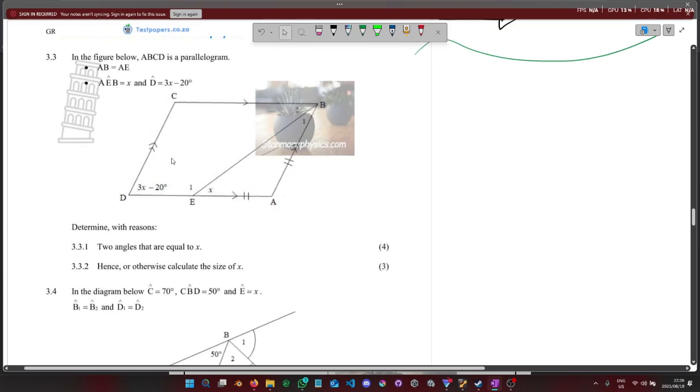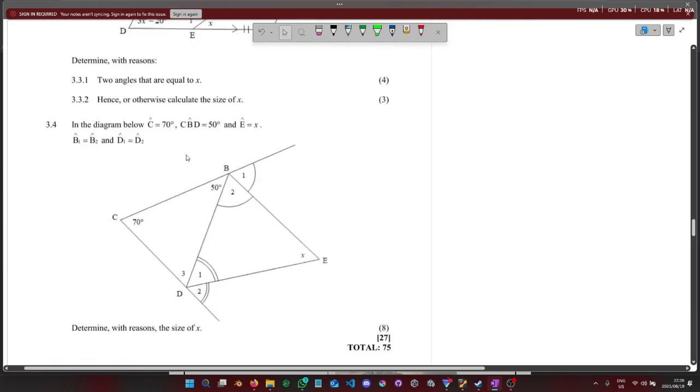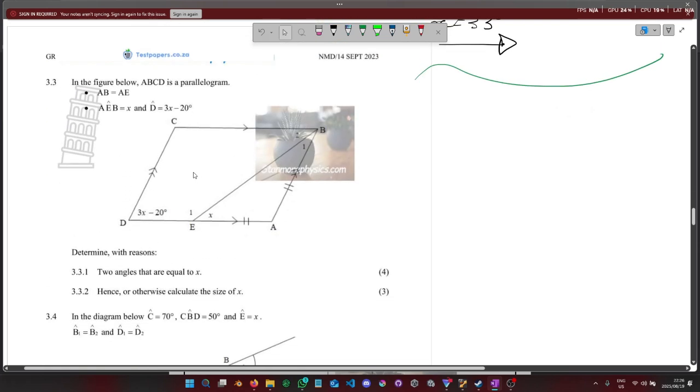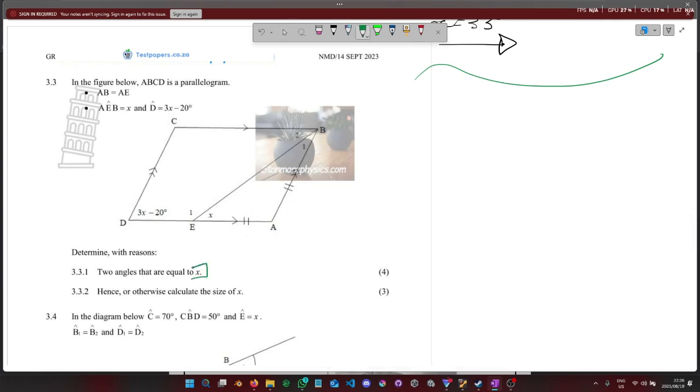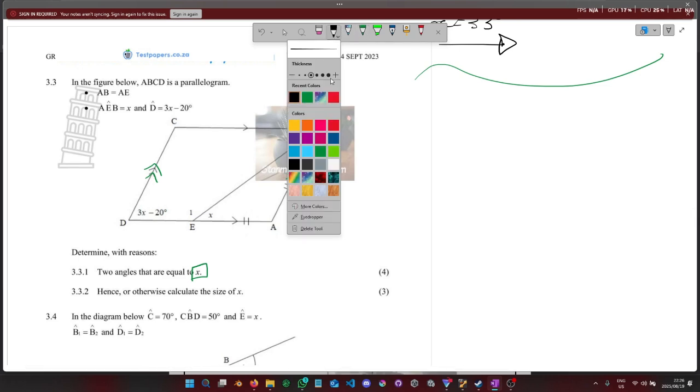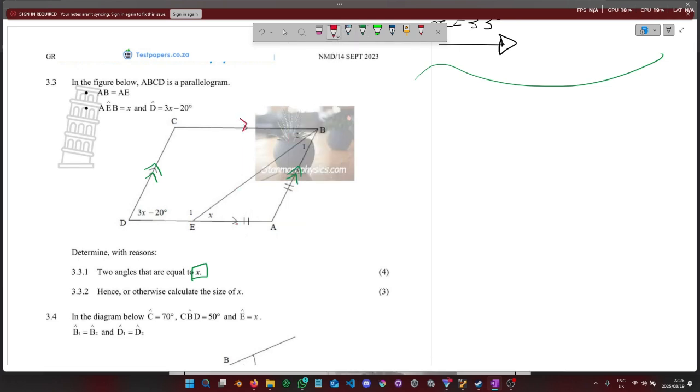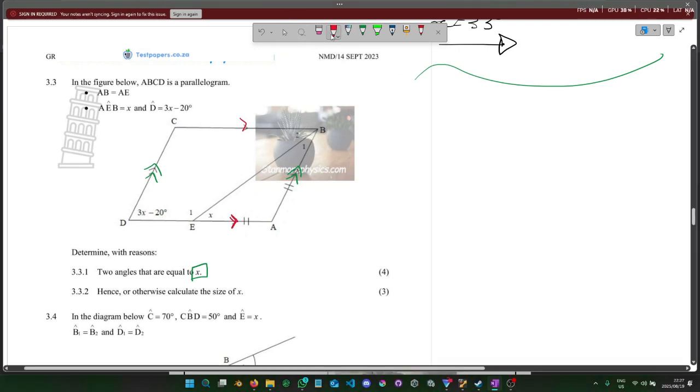So this would be, yeah. All right. Determine with reasons the two angles that are equal to x, right? So let's see, we have a parallel line here in parallel with this line. Then we have a parallel line in terms of this parallel line, right?